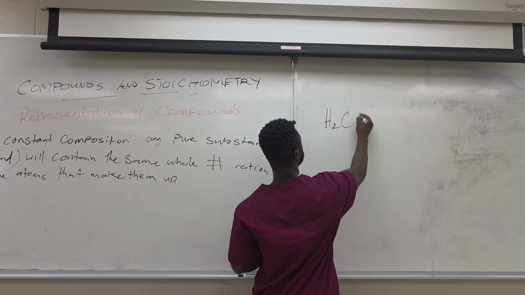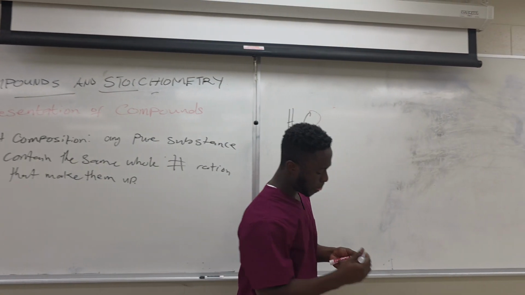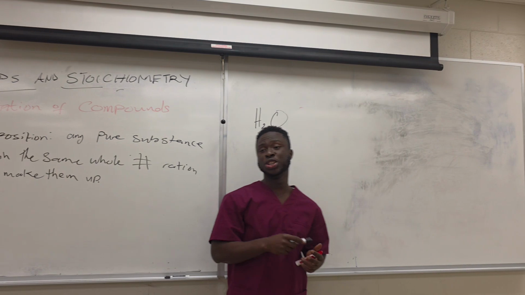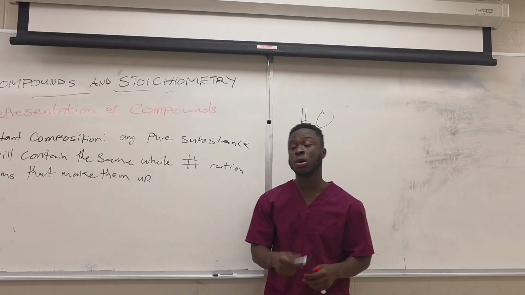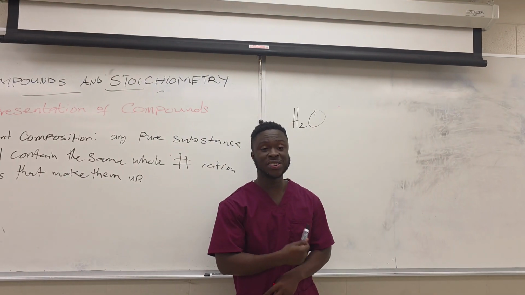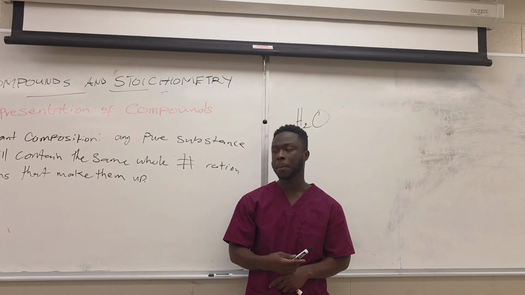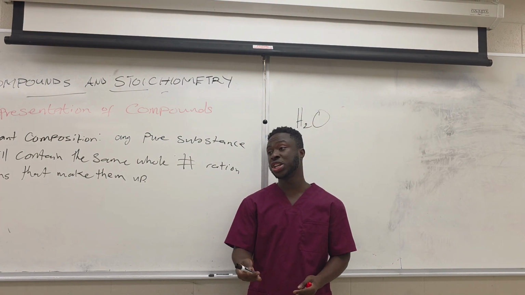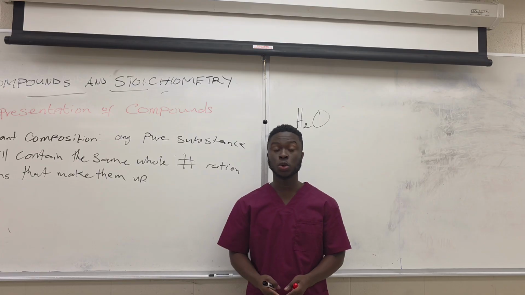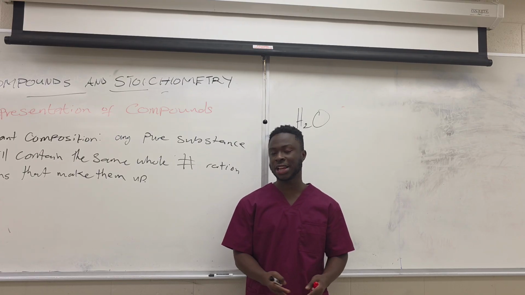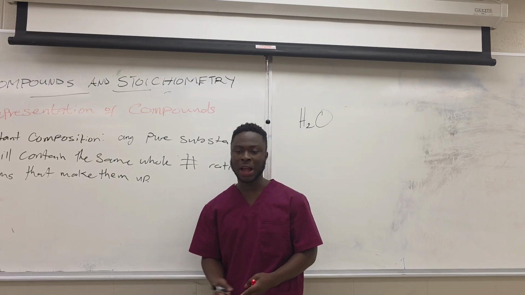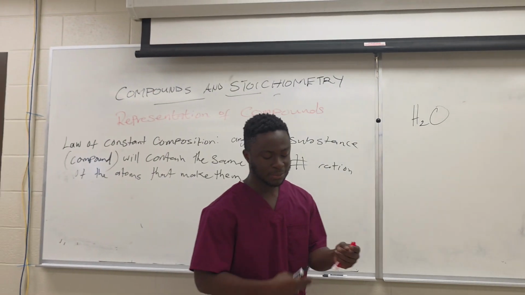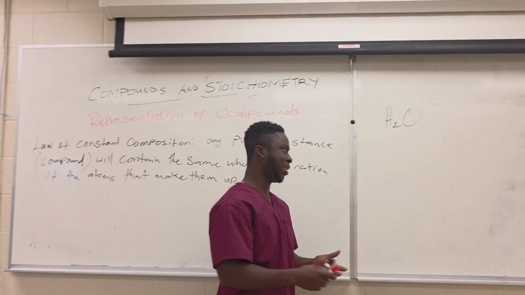If we take H2O, which is our water, it doesn't matter where you go in the universe, the water will always contain 2 atoms of hydrogen and 1 atom of oxygen. But maybe its physical properties might change, like density could change, because density depends on extrinsic factors, and depending on where you are, the outside factors might vary.